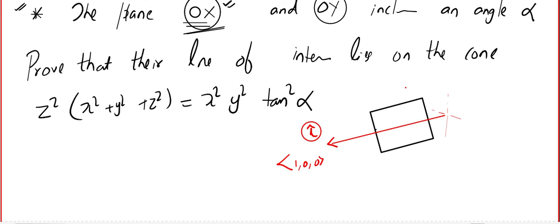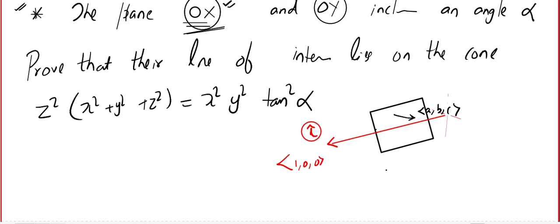Now assume that the normal to the plane is A, B, C. Now look at this. The axis and the normal will always be perpendicular. Come on, the plane passes through the x-axis, so the normal to the plane and the axis will be perpendicular. That means the dot product will be 0.